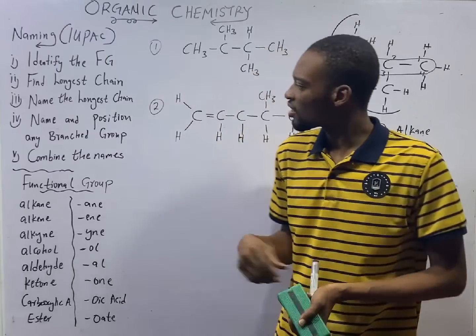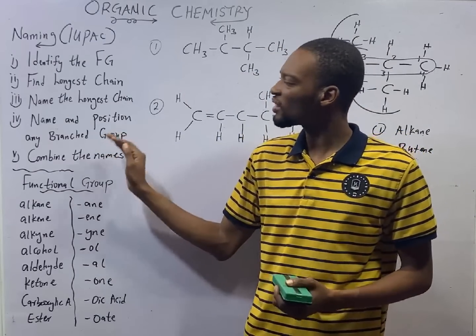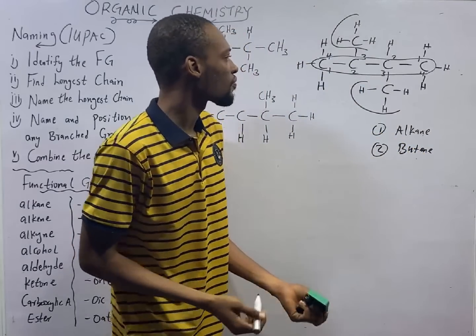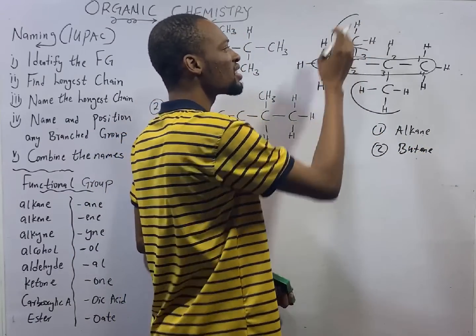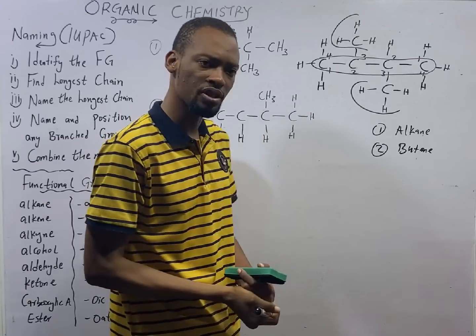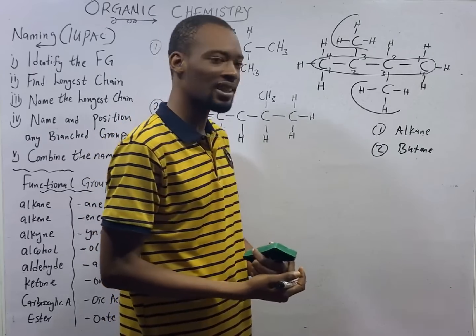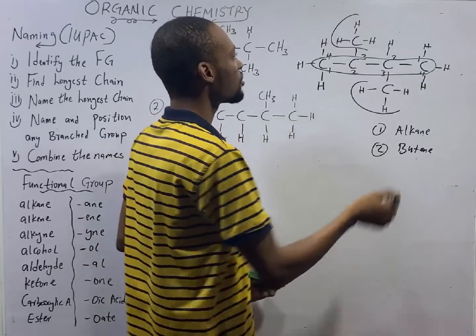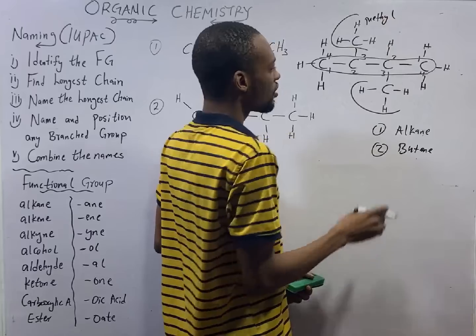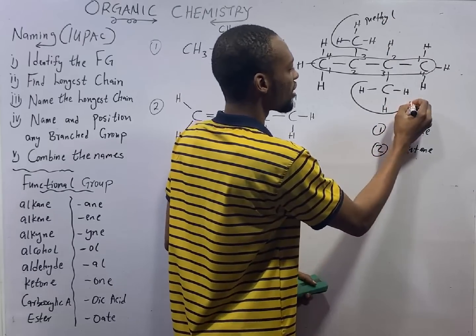It says, name and position any branch. What is the name of this branch? The branch at the top here is CH3. That is methyl: 1 carbon, 3 hydrogen. It is a methane that has lost 1 hydrogen. So this is methyl. This is also methyl.